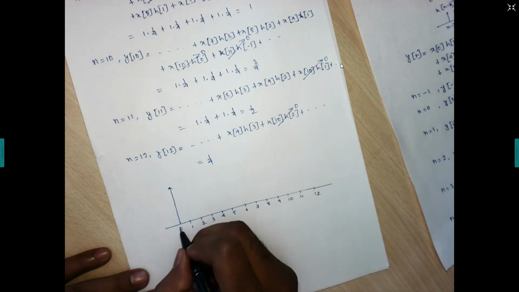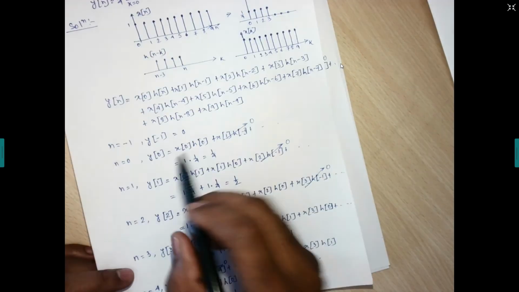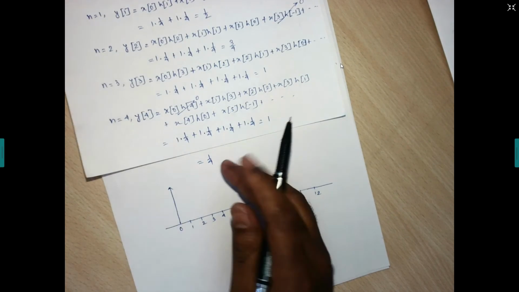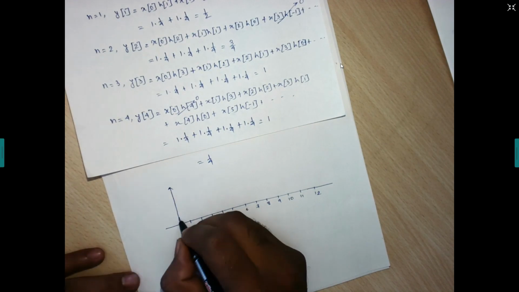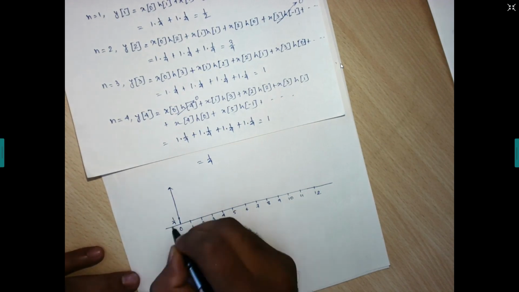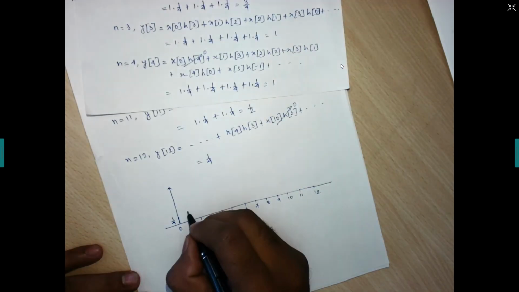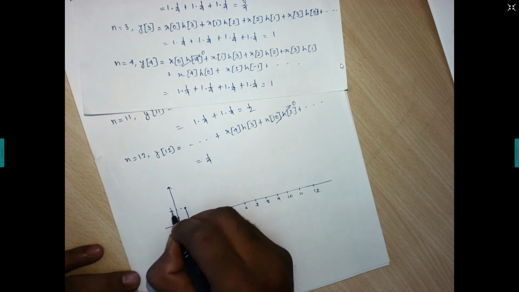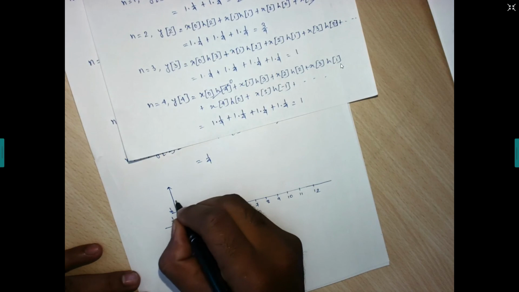So first sample, at n is equals to 0, it is having 1 by 4. So let us plot this one. Let us consider this is the sample of amplitude 1 by 4. Then at n is equals to 1, we are having 1 by 2. Let us consider this is 1 by 2. At 2 we are having 3 by 4. So in between this, like this.